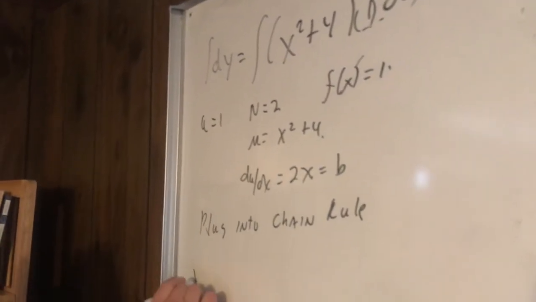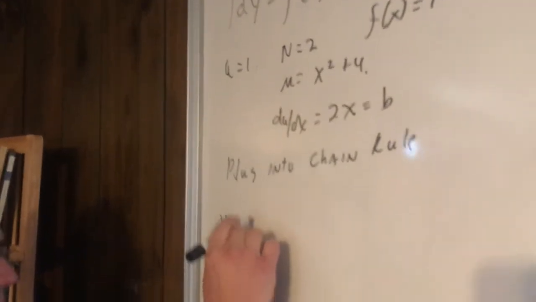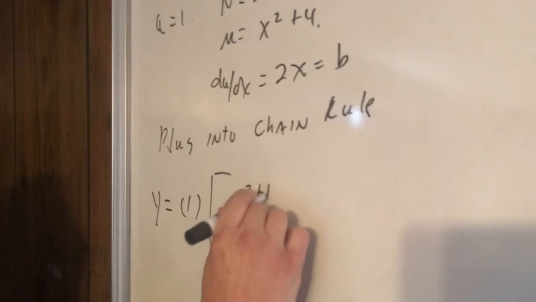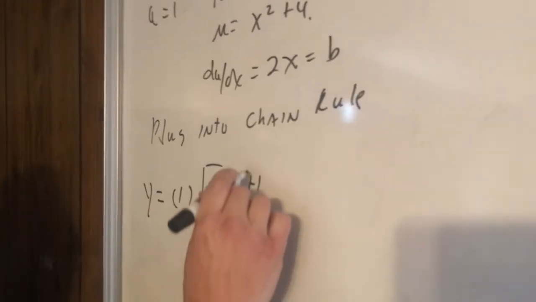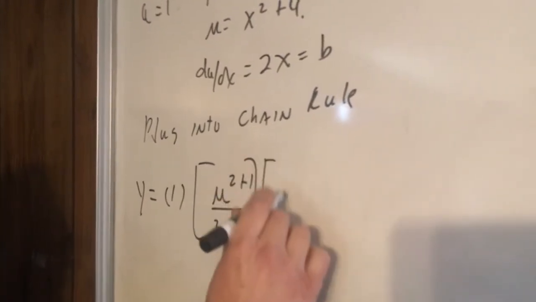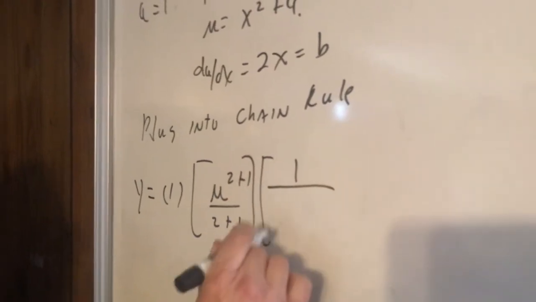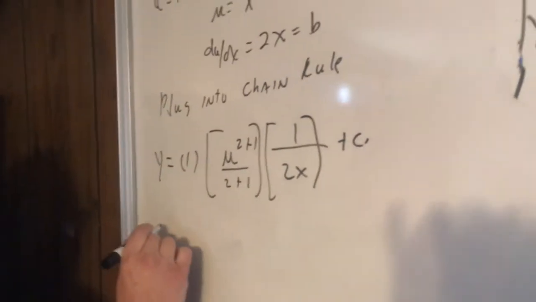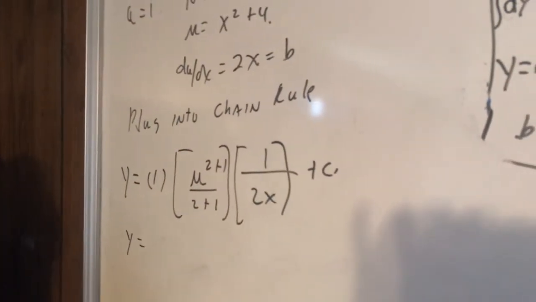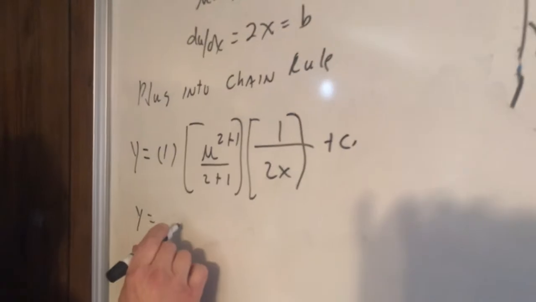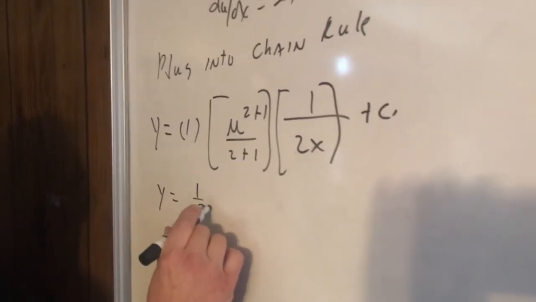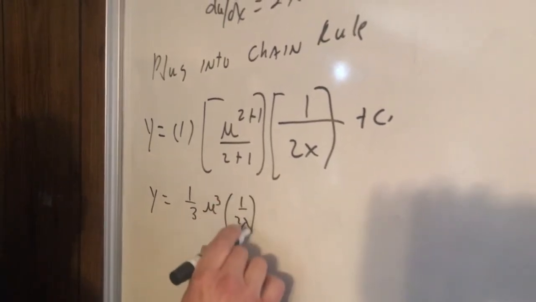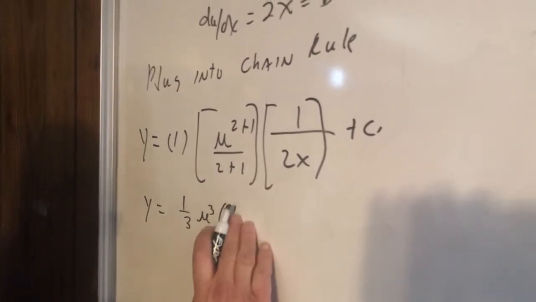And that's going to be y equals 1 over 2 plus 1, u to the 2 plus 1, f of x is 1 over 2x. So y becomes equal to 1/3 u to the 3rd times 1 over 2x, sorry.